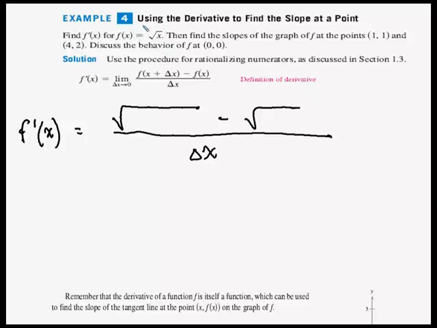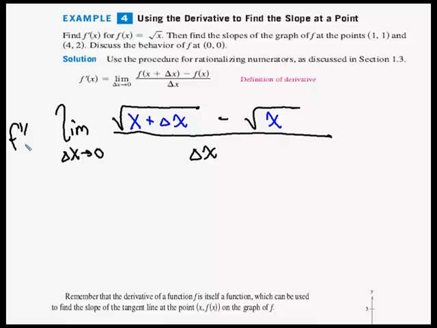Well, first goes in x plus delta x: the square root of x plus delta x, minus the square root of x, all divided by delta x. And, ooh, where are my manners? I forgot my limit notation, because we always have to remember this is the limit as delta x approaches 0. That is f prime of x equals.